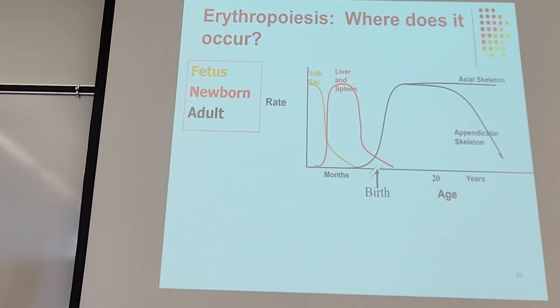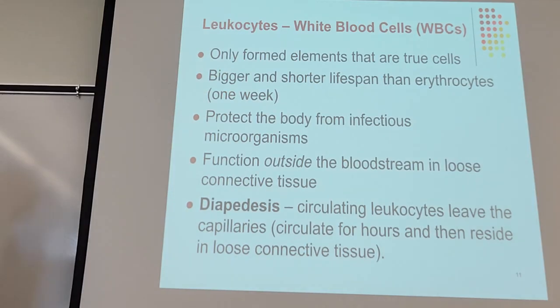So those vertebrae, sternum, ribs, they're kind of important now because they're the ones that make your red blood cells. Your appendicular skeleton says, no, not anymore, we're done. A little concerning, but we can do it.